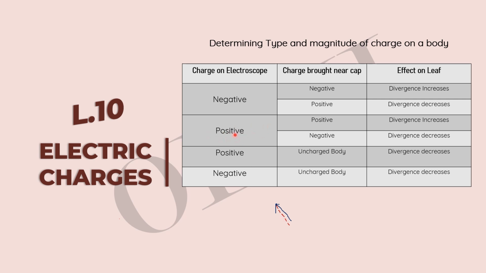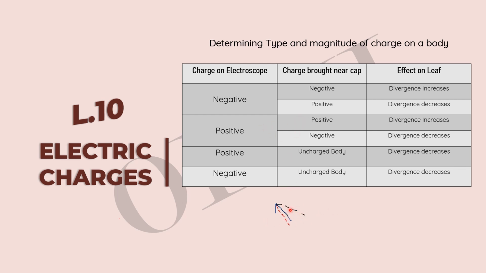Now if the electroscope is positively charged originally and you bring a positive charge to it, definitely we're going to have divergence increase again, because in that situation we're dealing with similar charges.